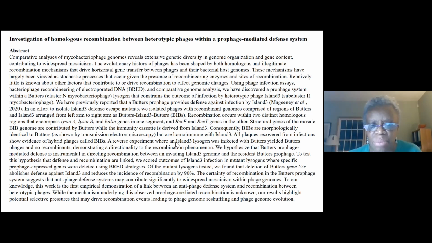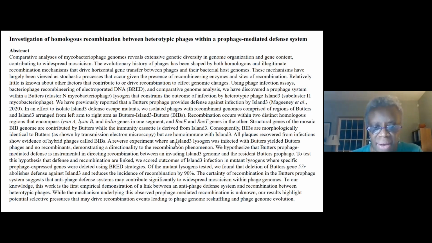If you can isolate Island 3 phages that somehow could override the defense, that'll allow you to learn something about what the defense is. So that was our goal originally in this set of experiments.